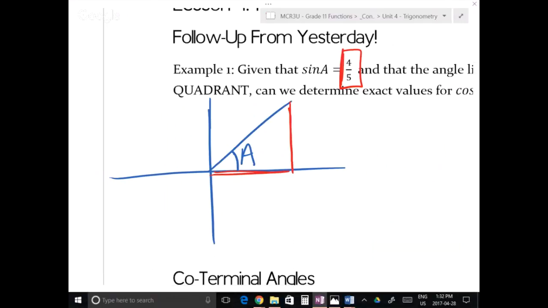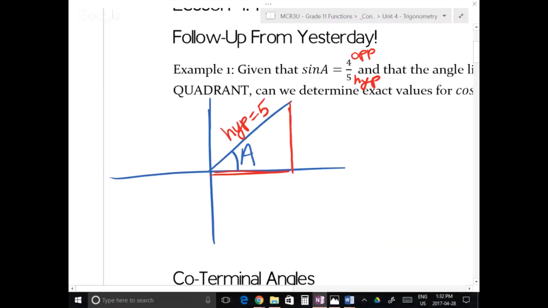Hypotenuse is 5. Okay, good, because sine is opposite over hypotenuse. So that's the opposite, that's the hypotenuse. What side on this triangle should I make 5? Yeah, this guy here. So this one is the hypotenuse, and that's equal to 5.